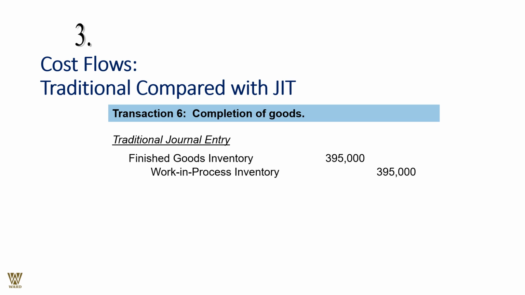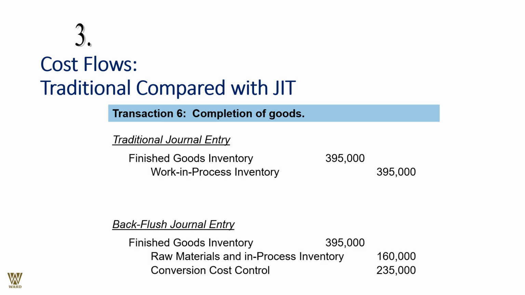In the traditional journal entry, the finished goods are $395,000 and the WIP inventory is also $395,000. But in the backflush entry, this is completely different. Why? Because now the finished goods inventory is $395,000, wherein I can very well segregate raw material and in-process inventory, which is still $160,000.